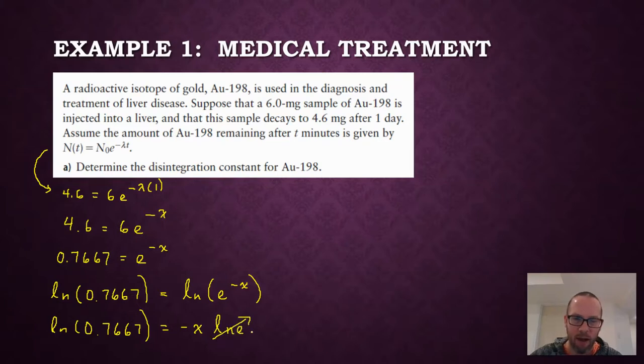But hopefully many of you are at the point where you don't have to write that out, because you know that the ln of e is 1, and that ln of e to anything is just that exponent. So here, negative lambda equals ln of 0.7667, and so lambda is equal to the negative of ln of about 0.7667, whatever that is.